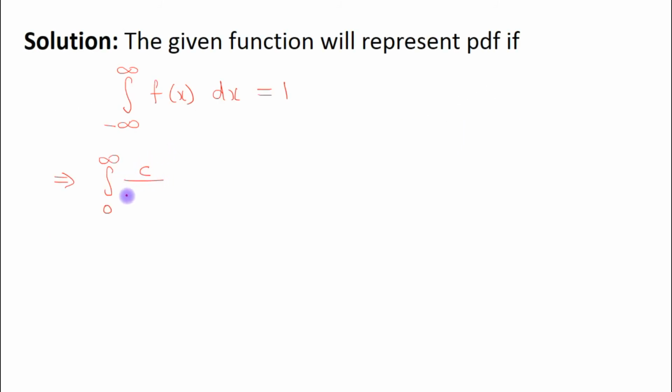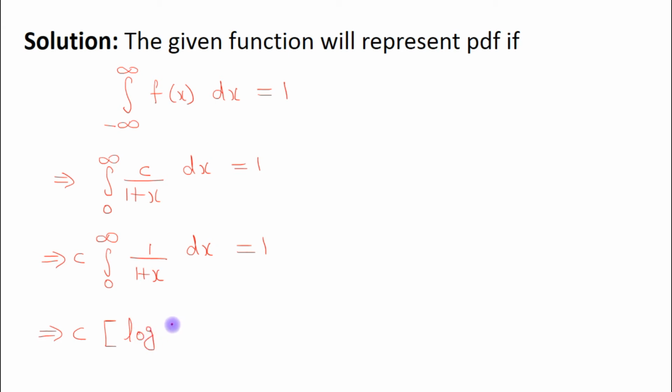So c upon 1 plus x dx equals 1. In the next step, c times the integration from 0 to infinity of 1 upon 1 plus x dx equals 1. Next step, the integration of 1 upon 1 plus x will be log of 1 plus x, from 0 to infinity, equals 1.